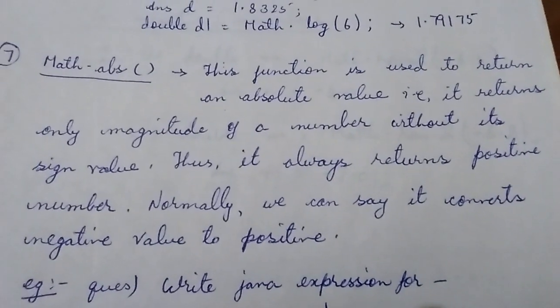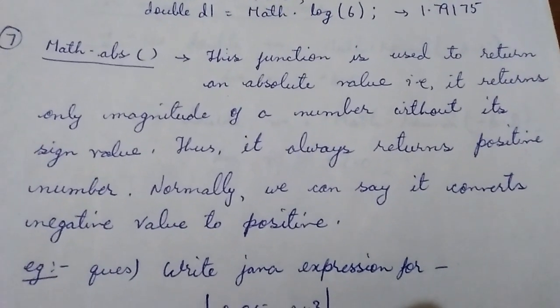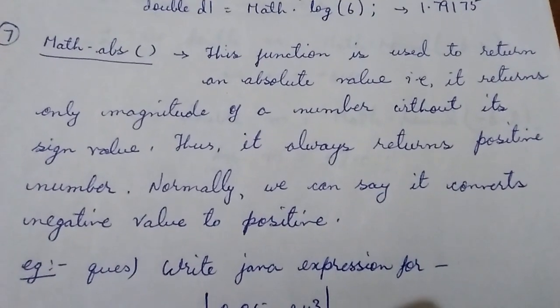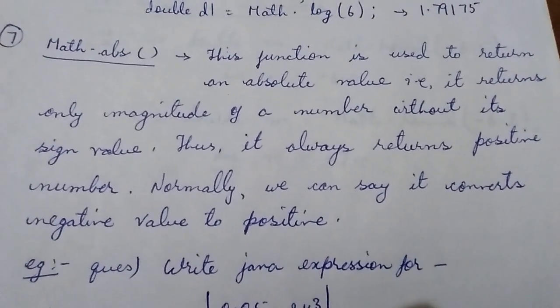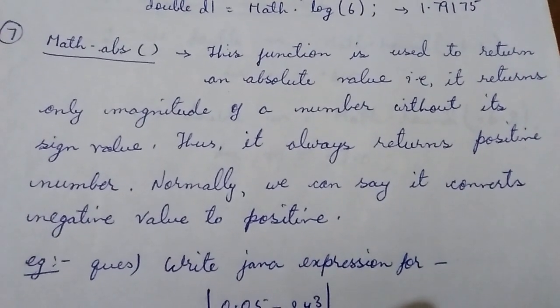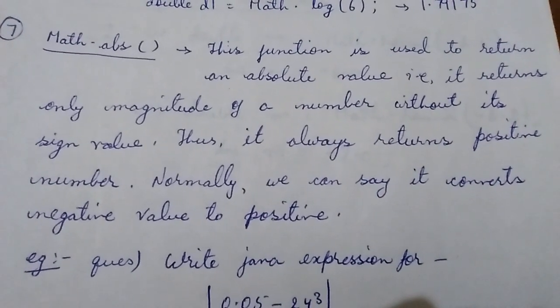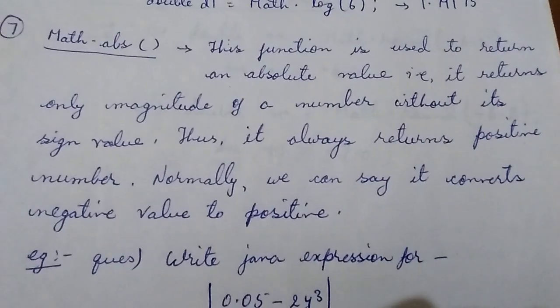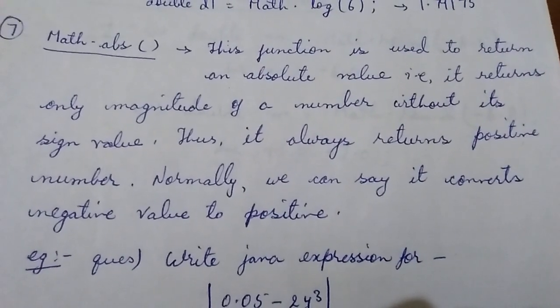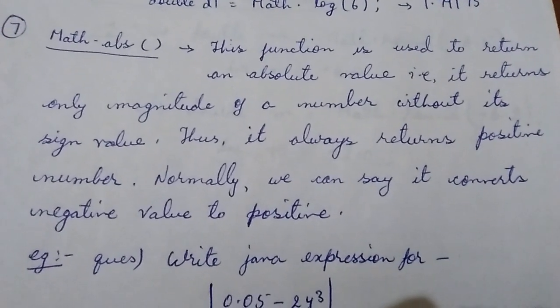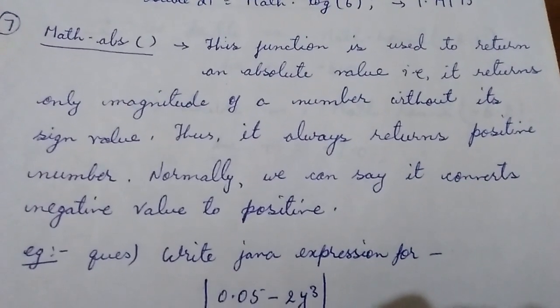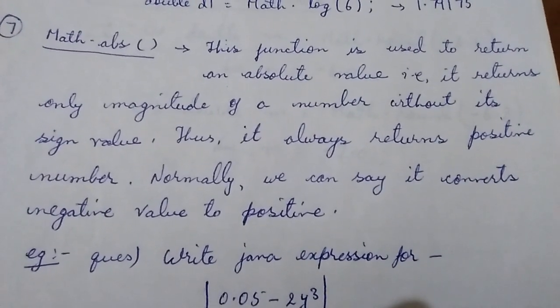Math.abs. Now this is a very simple but very important function. This function is used to return an absolute value, that is, it returns only the magnitude of a number without its sign. Thus, it always returns a positive number.